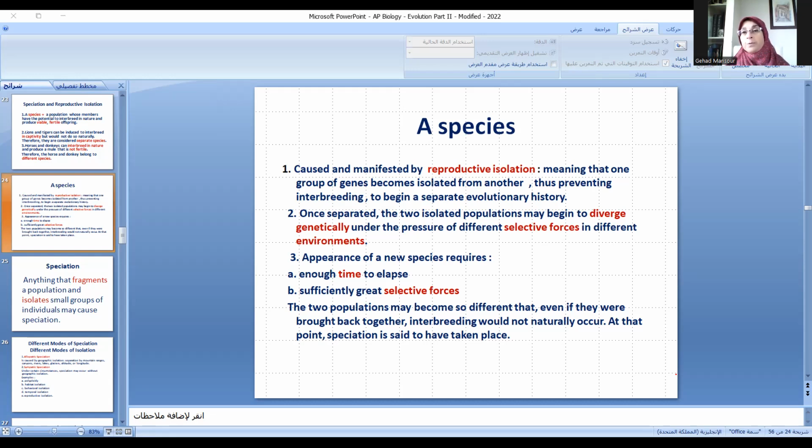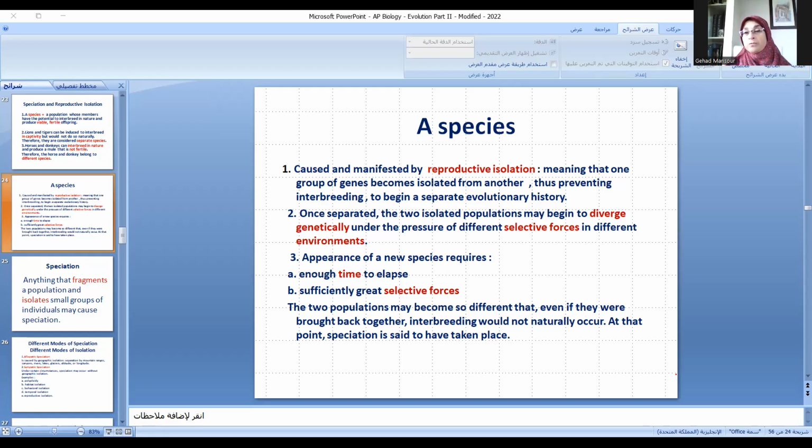For example, if two animals originally belonged to the same species, but one of them lives in water and the other lives on a high mountain, and it is an animal that creeps, it would be difficult for that animal to reach the top of the hill. Therefore, the gene pools of the two groups of individuals are totally isolated because the two individuals cannot breed with each other, they cannot mate.